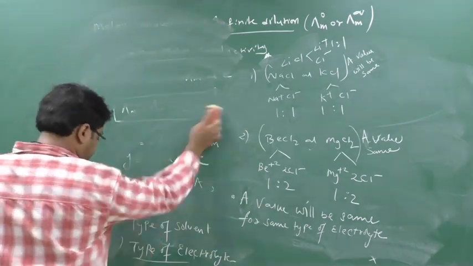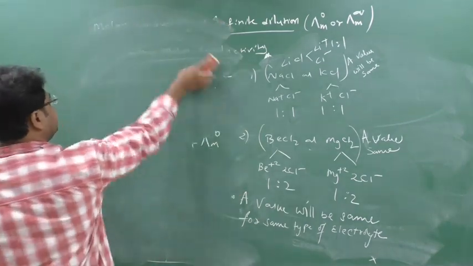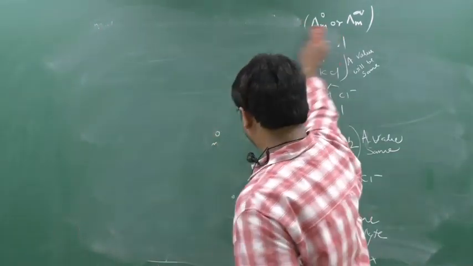So the next topic is degree of dissociation, alpha.